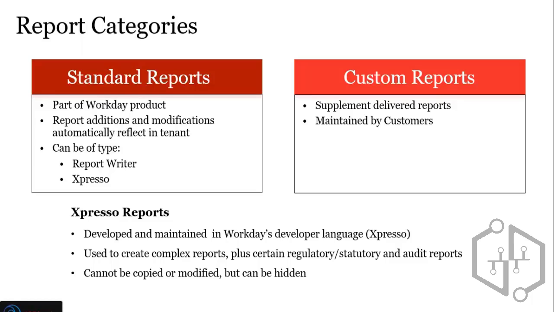Standard reports are part of the Workday product, which means Workday is responsible for delivering and managing those reports. Any changes, enhancements, modifications, and upgrades are all taken care of by Workday. Standard reports are of two types, report writer and Espresso.